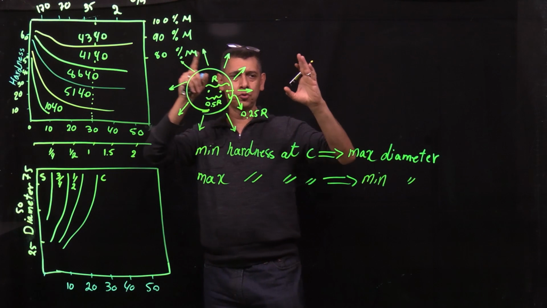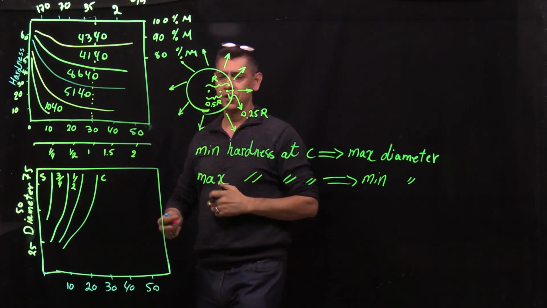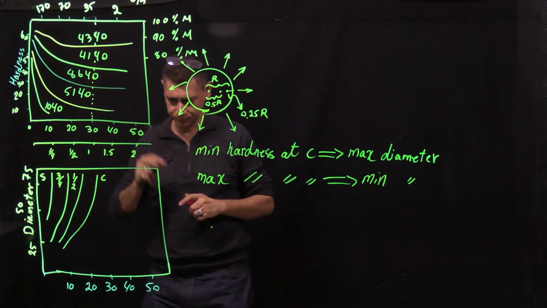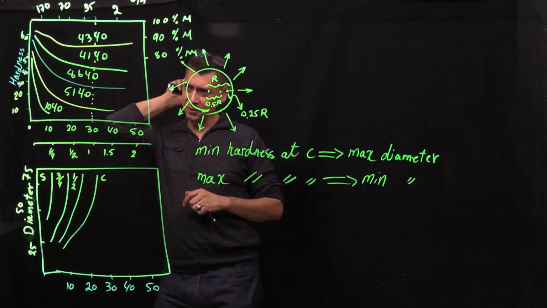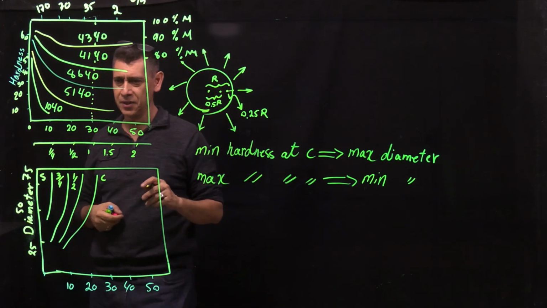So these two give you the maximum and minimum of the diameter. Then you can decide on your alloy. This is number one. Let's do a little bit of practice here, and then we do something more complex.